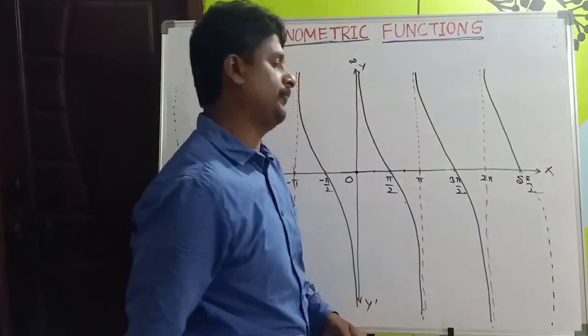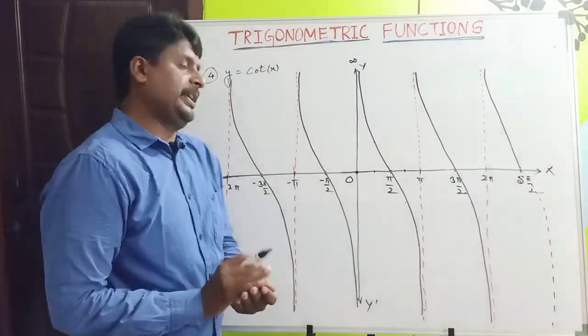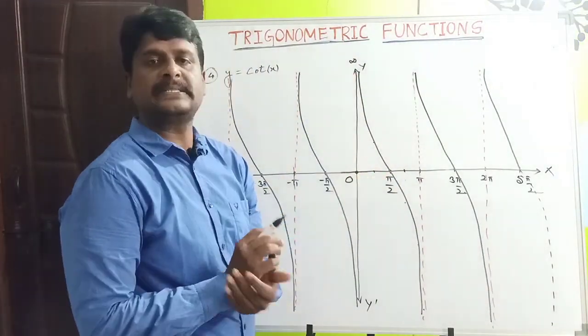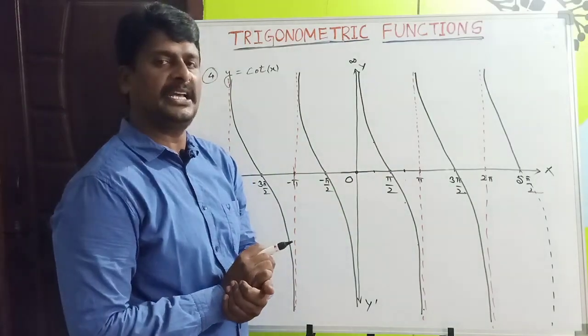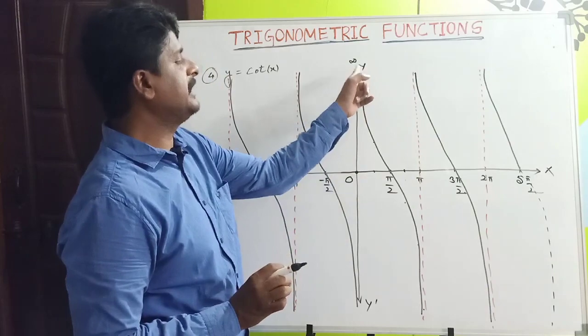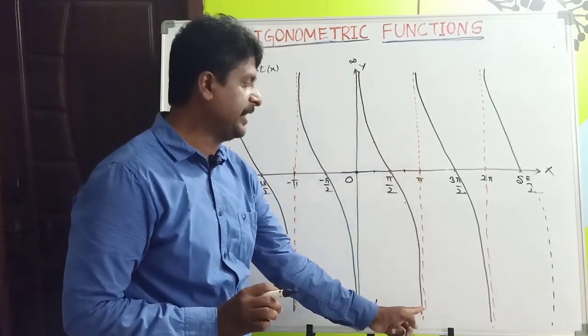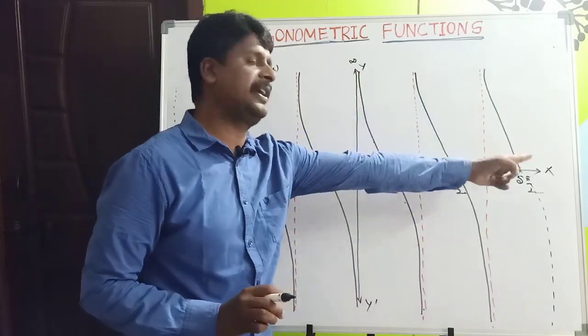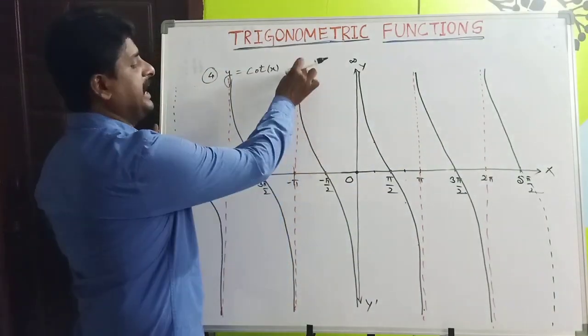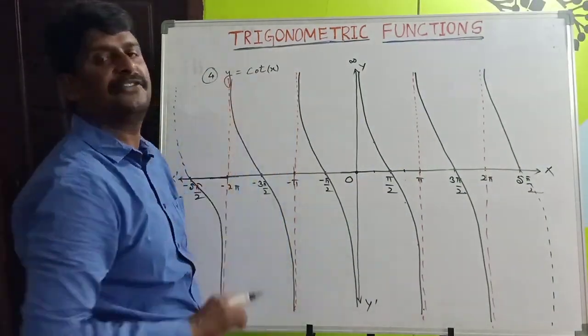So it is a dummy graph. Observe that cot x is defined for all real numbers except multiples of pi. At 0 it is undefined, at pi it is undefined, at 2 pi it is undefined, again at 3 pi it is undefined, at minus pi undefined, minus 2 pi undefined.